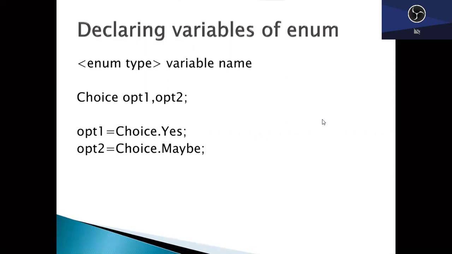In the next line, we have assigned yes to OPT1 and maybe to OPT2. But I cannot directly write it as yes and maybe, so I have to precede it with the name of the enumeration: choice dot yes, choice dot maybe. This is how you can declare variables of type enum.